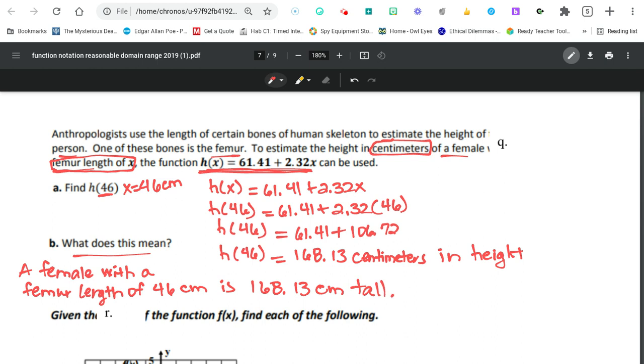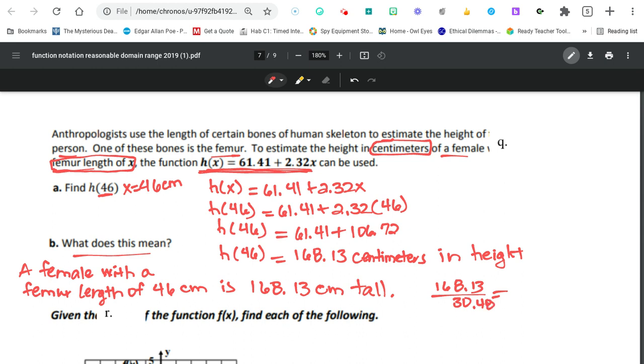Be curious to see how many feet that is. Let me look this up. How many centimeters in a foot? 30. Let's divide this by 30. It's actually 30.48.